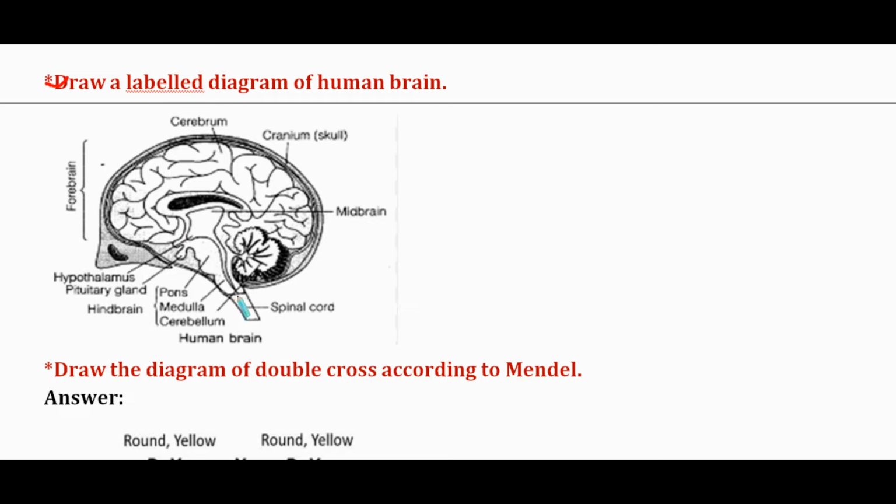This is the diagram of human brain: spinal cord, midbrain, cranium, cerebrum, forebrain, hypothalamus, pituitary gland, hindbrain, pons, medulla, cerebellum. And you have to practice it in your copy.